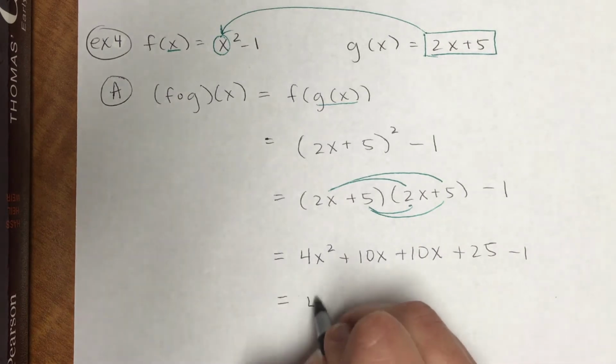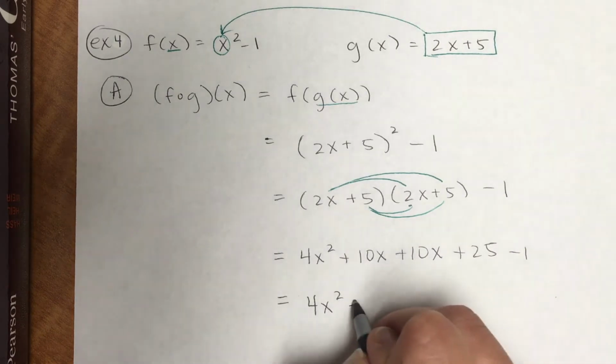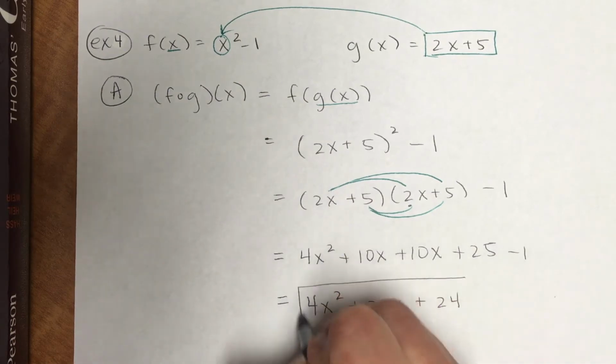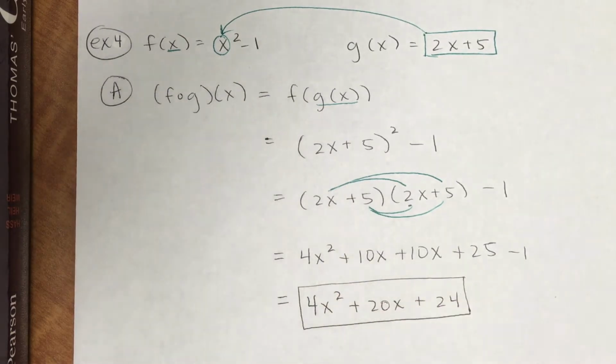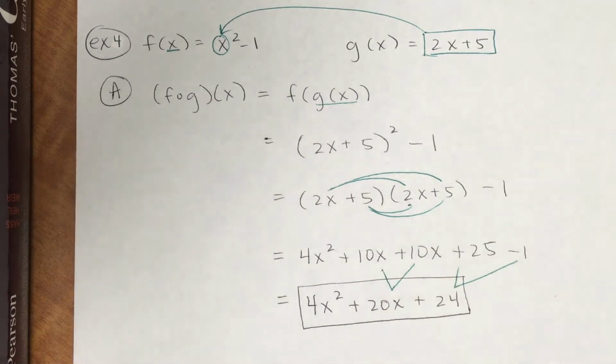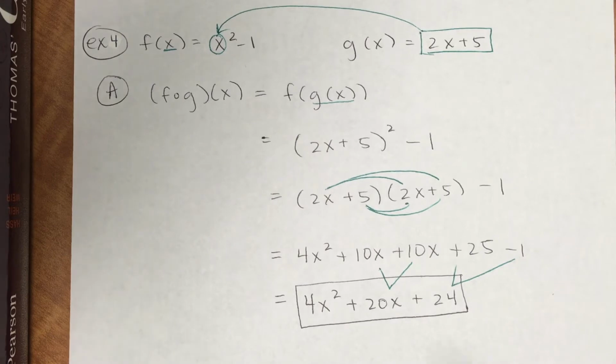Combine like terms to get 4x squared plus 20x plus 24. Do not factor this because we want it simplified, which means you want it no parentheses, distributed. Don't factor.